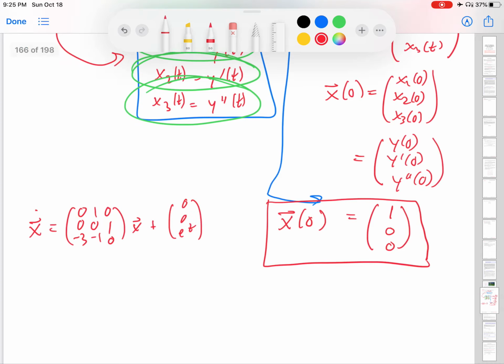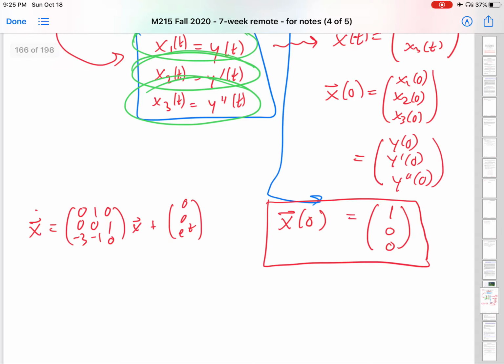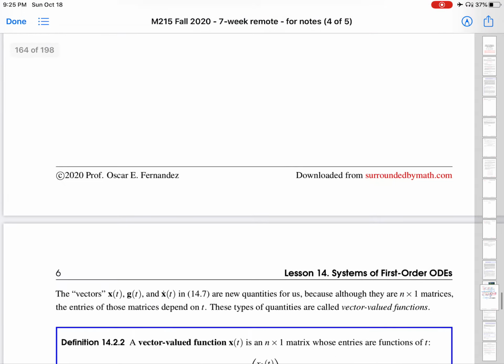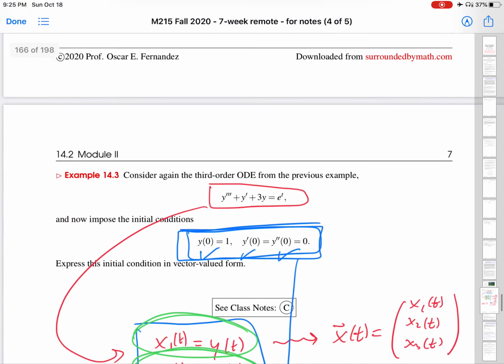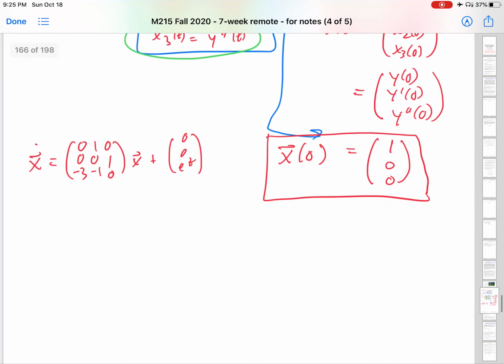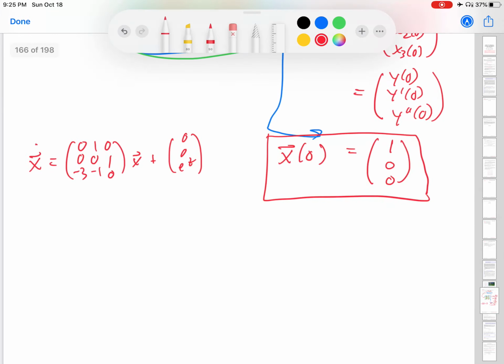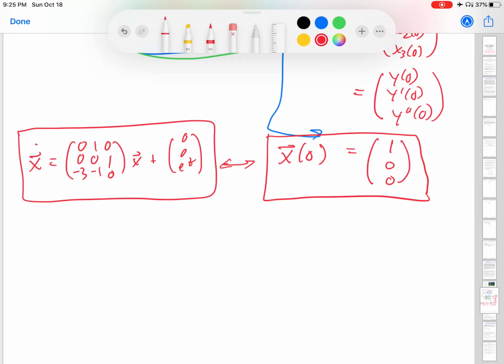And I'm just going to scroll up a little bit, make sure I got those numbers correct to the previous notes from the video. Yep, so there they are, minus 3, minus 1, and 0 for the last row. So this is now the complete vectorial form of the initial value problem, right?